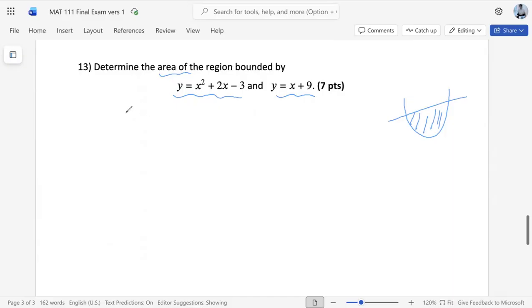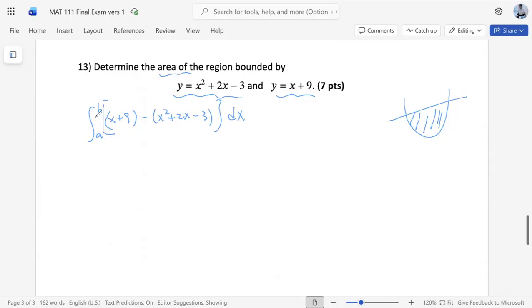What do we need? We need to find the lower limit and upper limit. Remember, from a to b, the upper one, x plus 9, minus x squared plus 2x minus 3, then dx. So we set up like this.